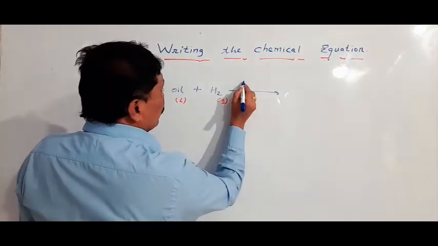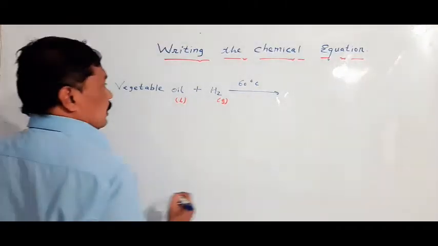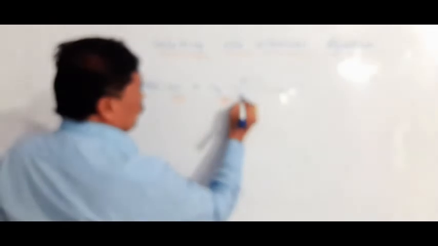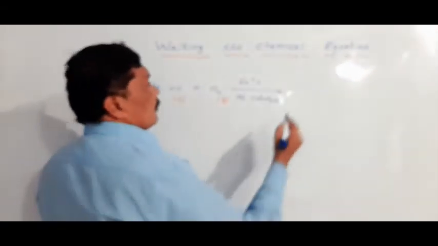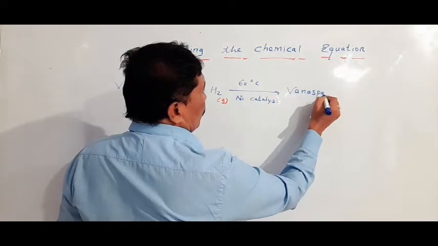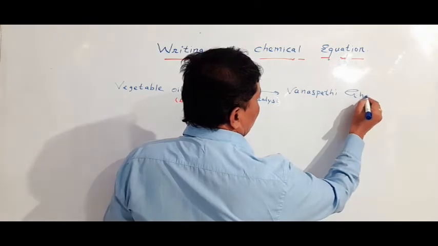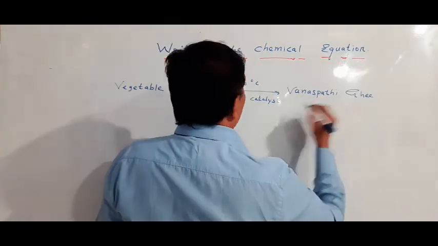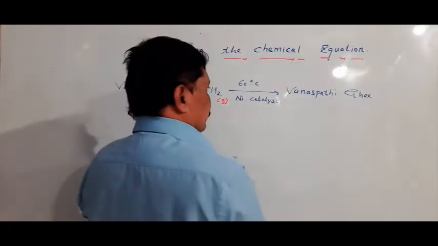When heated to 60 degree Celsius in the presence of Ni catalyst, we get vanaspati ghee, that is solid.